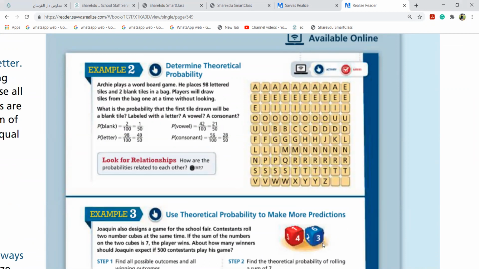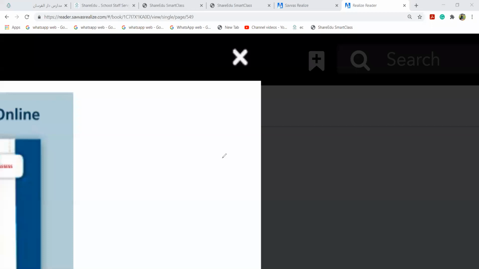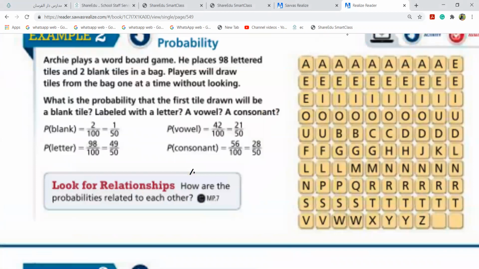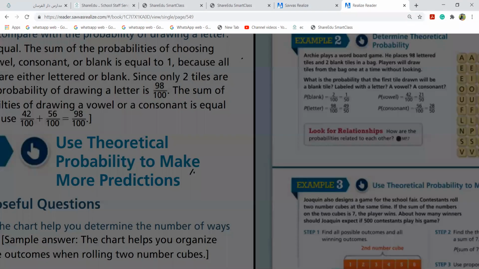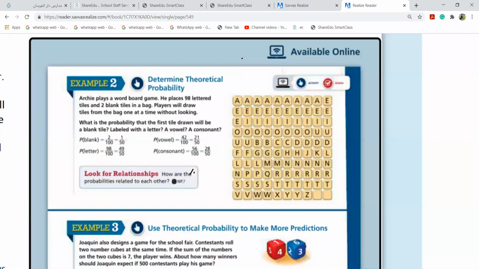Okay, it's like Scrabble, word board games like Scrabble.